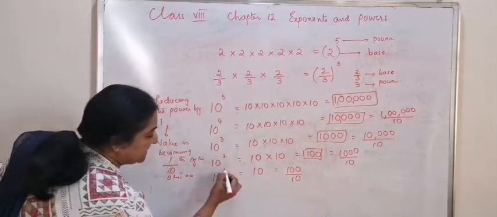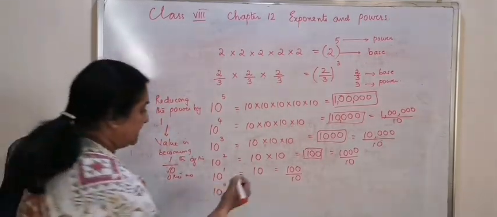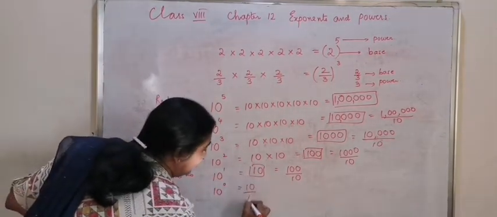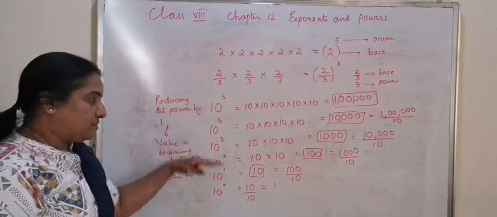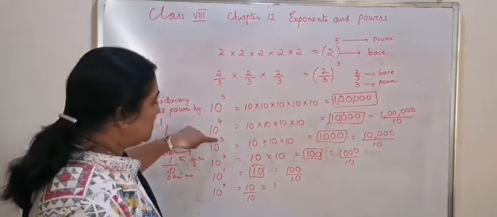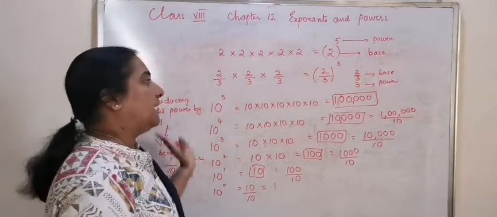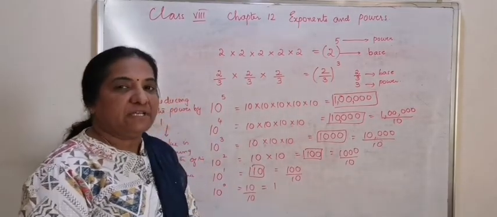So when you proceed and reduce the power to 10 to the power of 0, that is 10 divided by 10, which is equal to 1. This is the procedure you are following: when the power is reduced by 1, the value becomes 1/10th of the previous value.